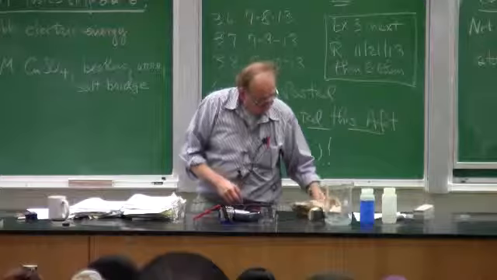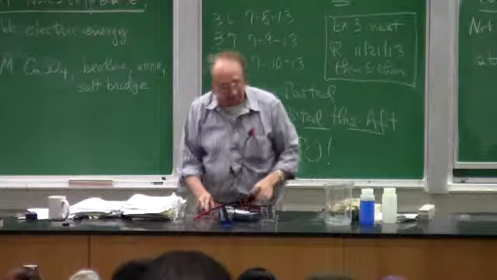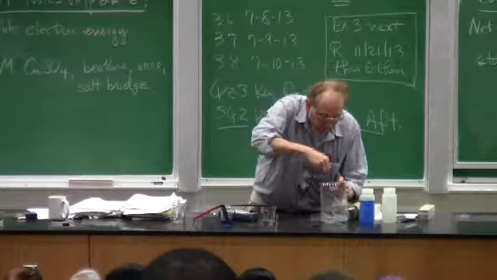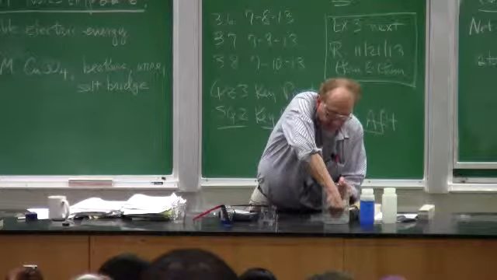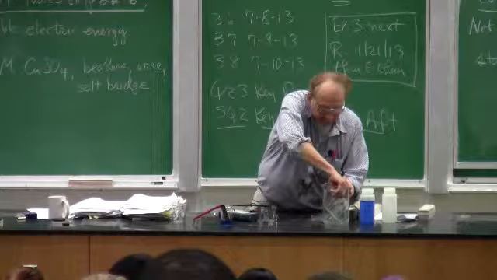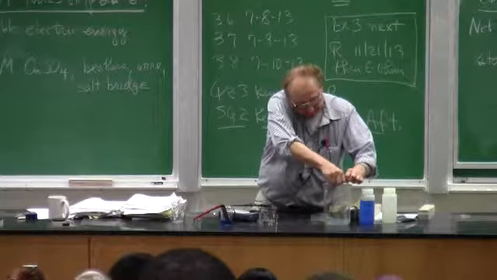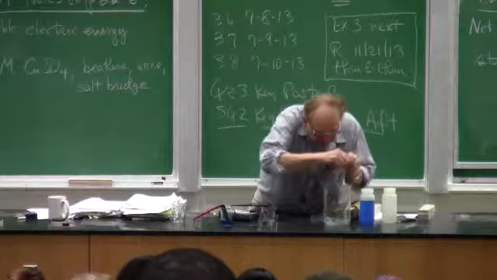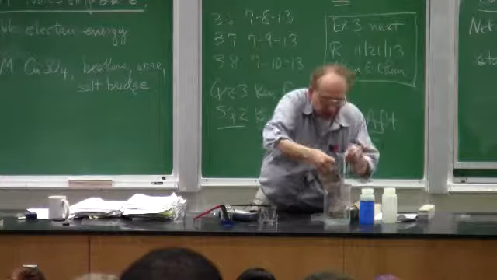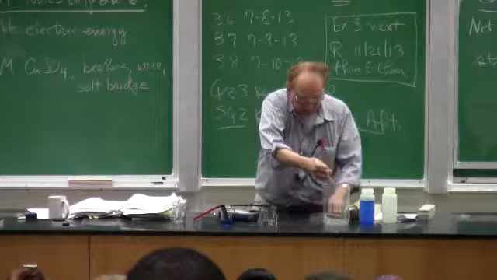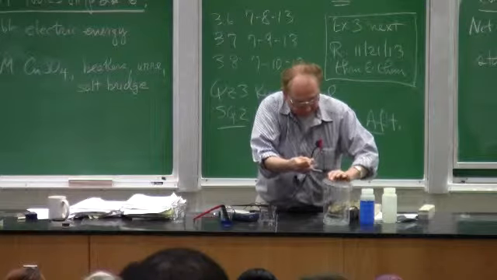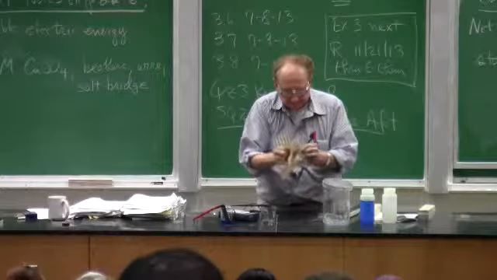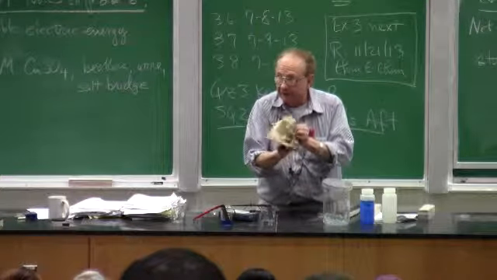So, as a demonstrational device to complete the circuit, we use a gizmo called a salt bridge. I got some salt bridges here. They're not very good, but they'll serve the purpose of giving us a connection. I don't like that one too much. Let's try this. As you see, I stuck my hand in there.